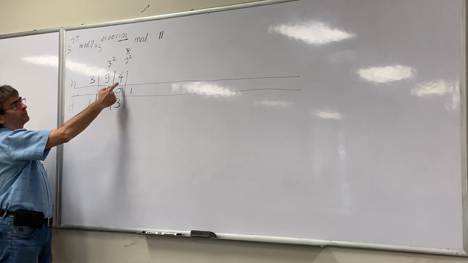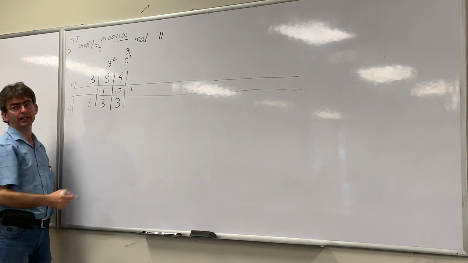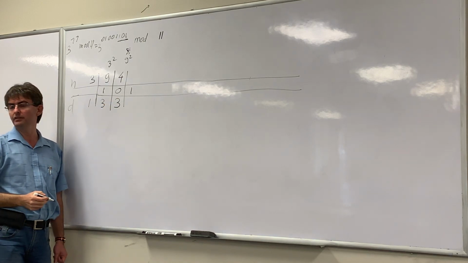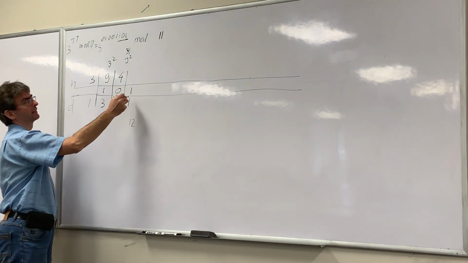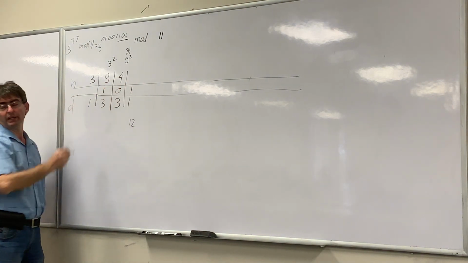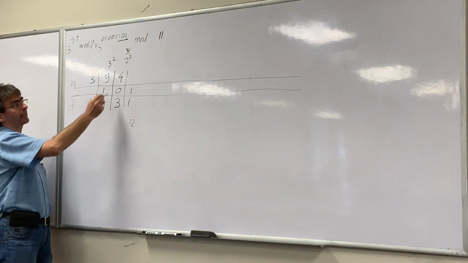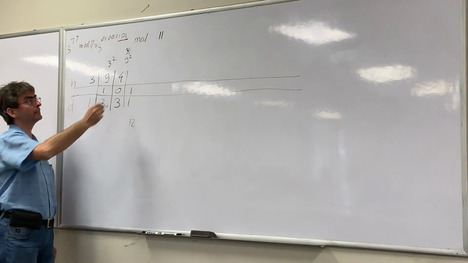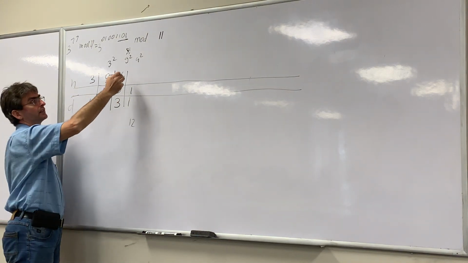So we are going to multiply 4 with 3, and we get 12, which is equal to 1. And we are going to prepare the base for the next exponent by computing 4 squared, which is 16. Mod 11, it's 5.